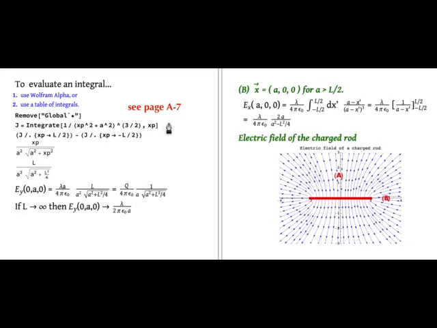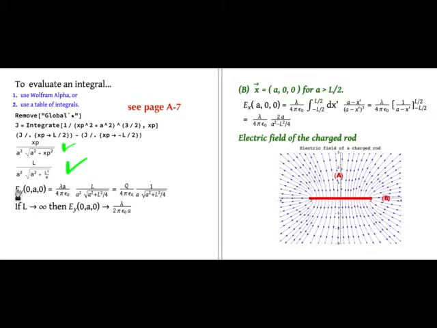Since I don't express this in terms of endpoints, this line will give me the antiderivative. So there's the antiderivative. Then I have to evaluate the antiderivative for x prime equals L over 2, the upper endpoint, minus the antiderivative for x prime equals minus L over 2, the lower endpoint. So I have to combine those two terms. And here's the final result.